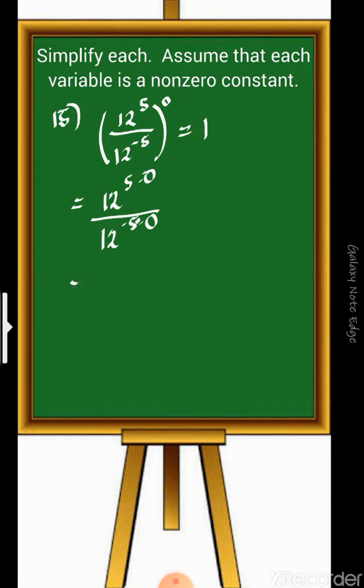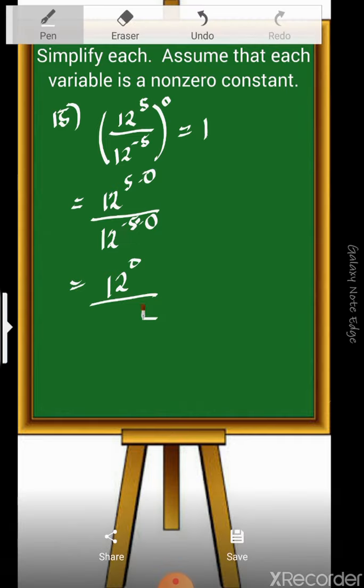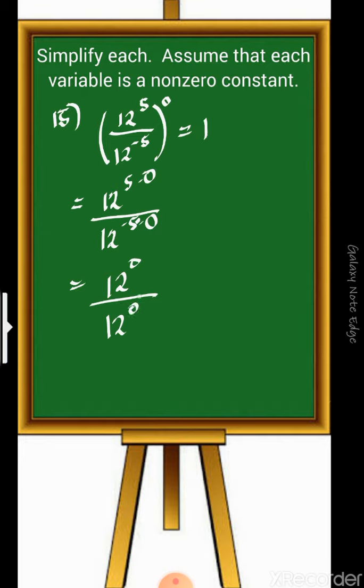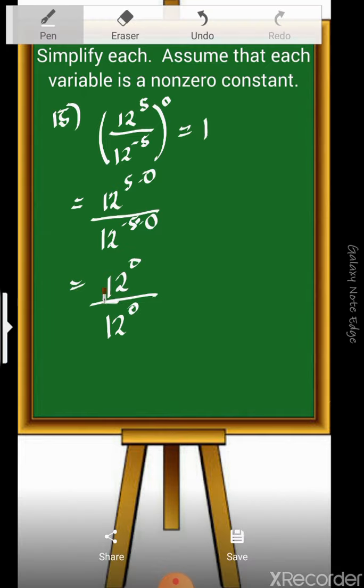So it will become 12 raised to 5 times 0 is 0. 12 raised to negative 5 times 0 is 12 raised to 0. Since the numerator and the denominator have the same value, the answer here is 1.